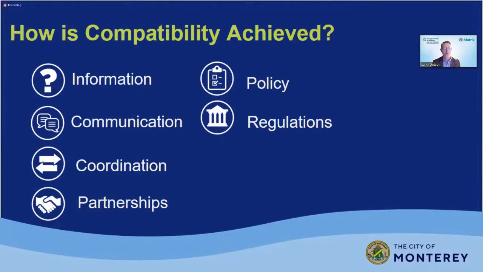It is not always on a set agenda. It is typically point to point and personality based. And so there are places that we've noted in the study where communication, partnership, and coordination can be enhanced. And if you do that, you avoid having to do the hard work of changing policy and adopting regulations, which you were talking about, and which you do at every council meeting like you were doing tonight.